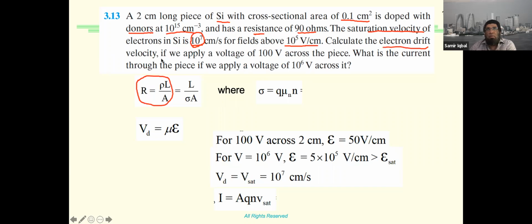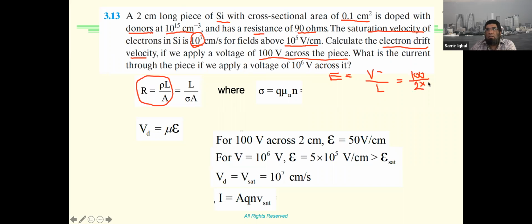Calculate the electron drift velocity if you apply a voltage of 100 volt across the piece. Now, the field is equal to the applied voltage divided by the length that it is applied across, right? So if it tells you it is 100 volt, we find the field. What's the length of the material? Length is given as 2 centimeter. So I need to write centimeters.